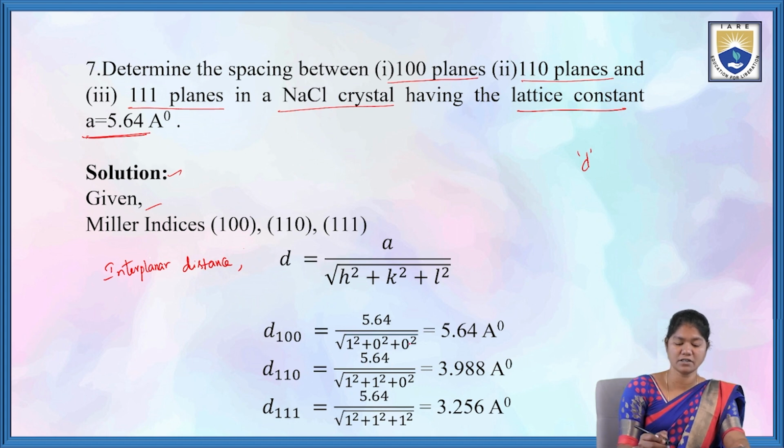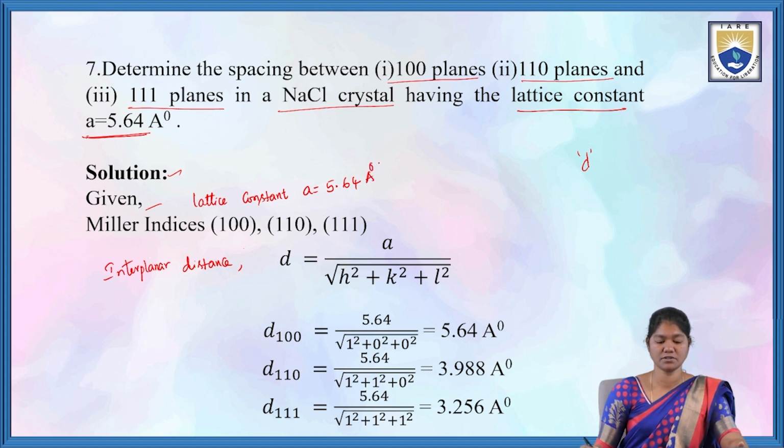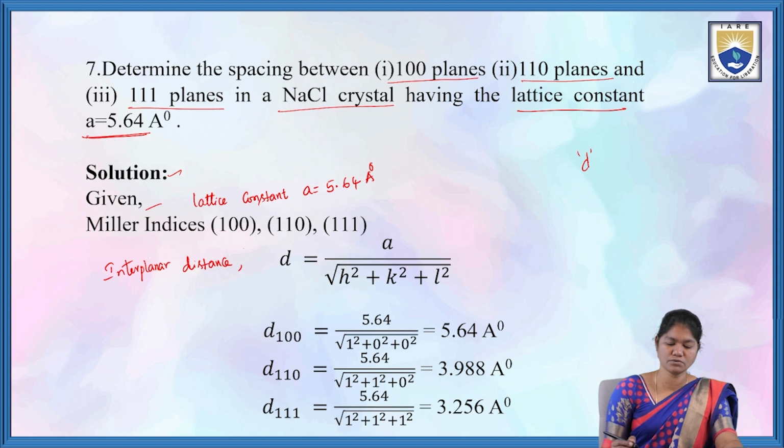Here the data is also given: the lattice constant a is equal to 5.64 angstroms. We substitute as it is, as we are finding the interplanar spacing in angstroms itself.